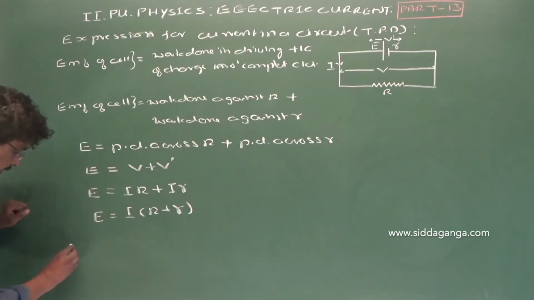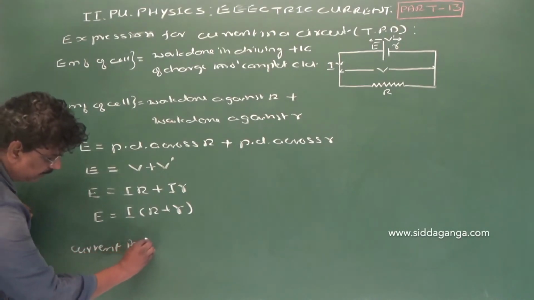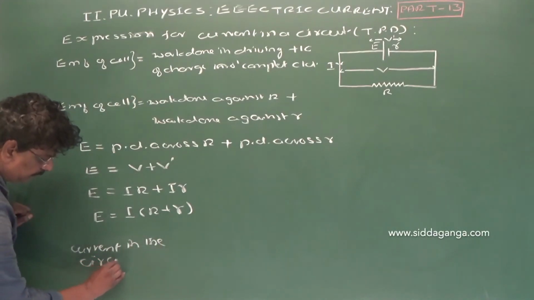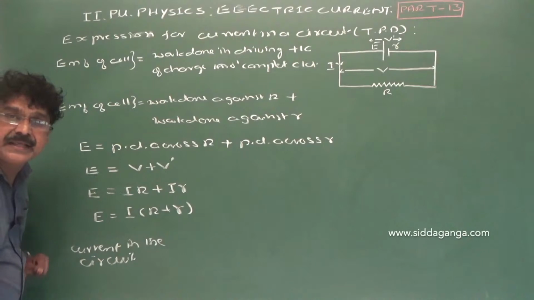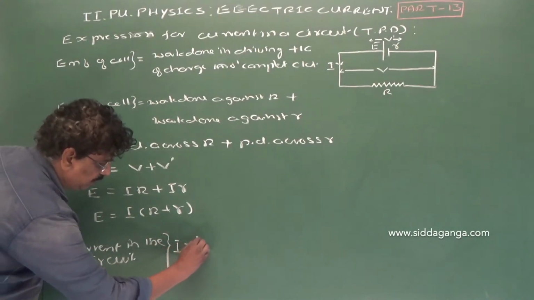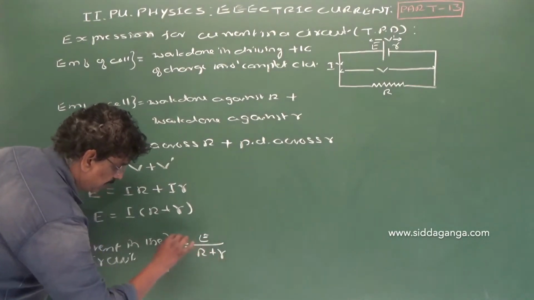So the current in the circuit I is equal to E by R plus r.